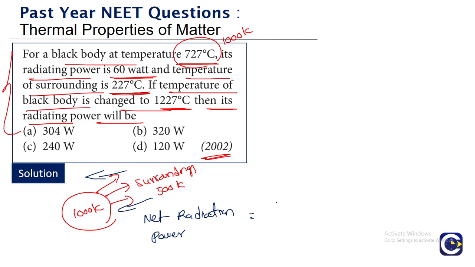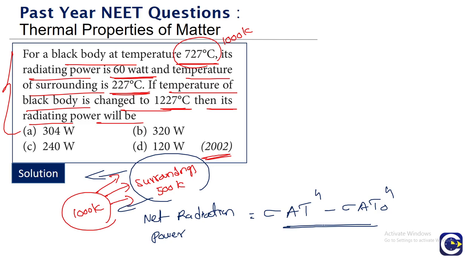Net radiation power means whatever radiation is given by the object, which is given by Stefan's law, sigma A T power 4, and the surrounding radiation coming onto the object we have to subtract, that is sigma A T naught power 4. So the net radiation is sigma A into T power 4 minus T naught power 4.